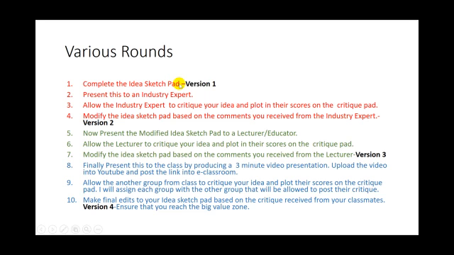Once the sketchpad is completed, step 2, you have to go and present the sketchpad to an industry expert. In other words, you're going to have to speak to somebody in the field of business. If, let's say, your idea is in the food and beverage industry, then you will have to try to contact some business owner in the food and beverage industry.